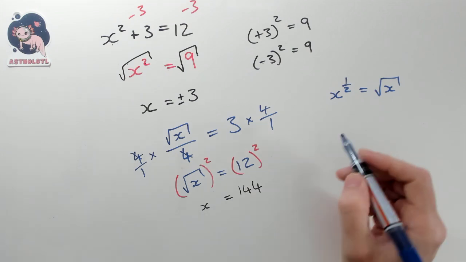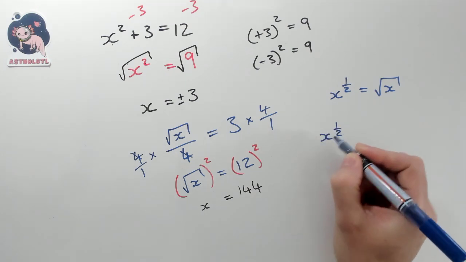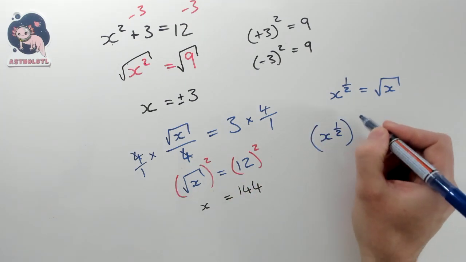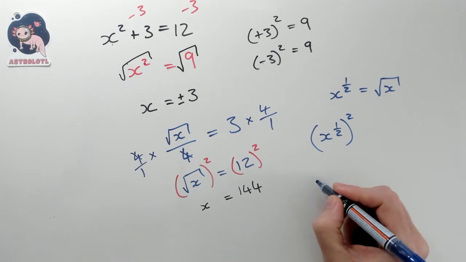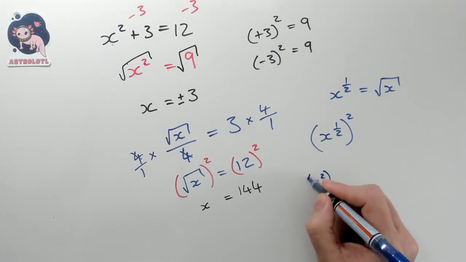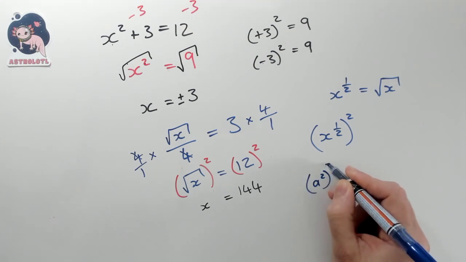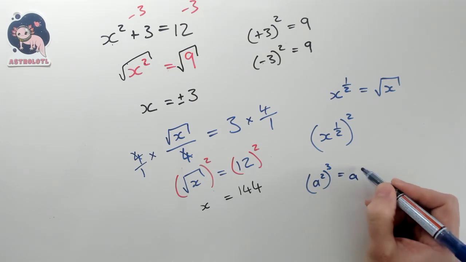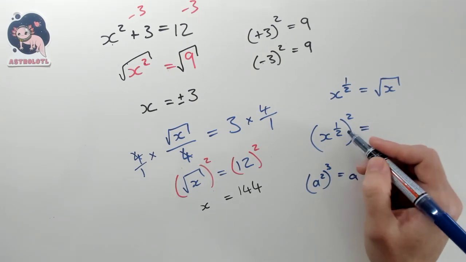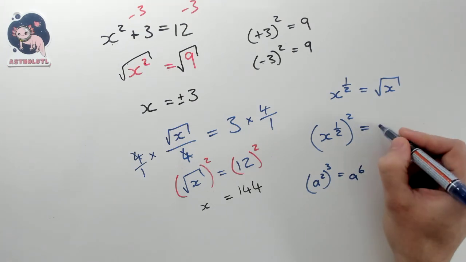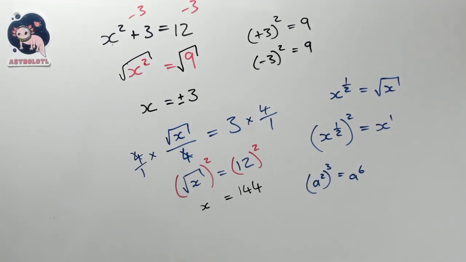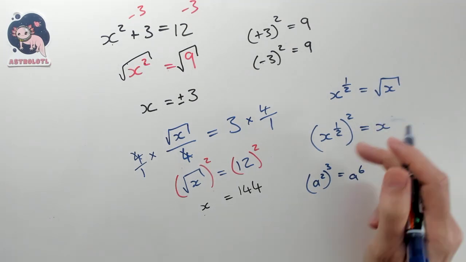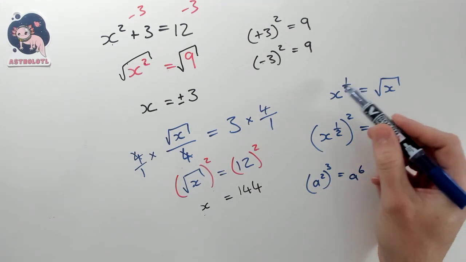So if I wrote this as x to the power of a half and all to the power of 2, your indice rule would tell you if I had a to the power of 2 to the power of 3, that would be a to the power of 2 times 3, which is 6. And in this case, what is a half times 2? It's 1. So it's x to the power of 1, which is just x. Okay, so that's kind of the indice way of writing this.